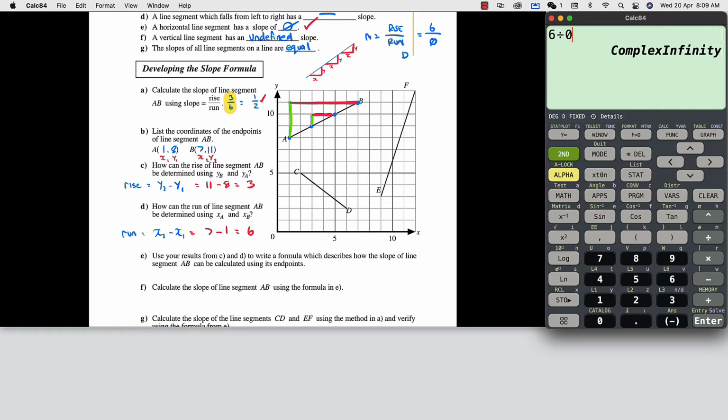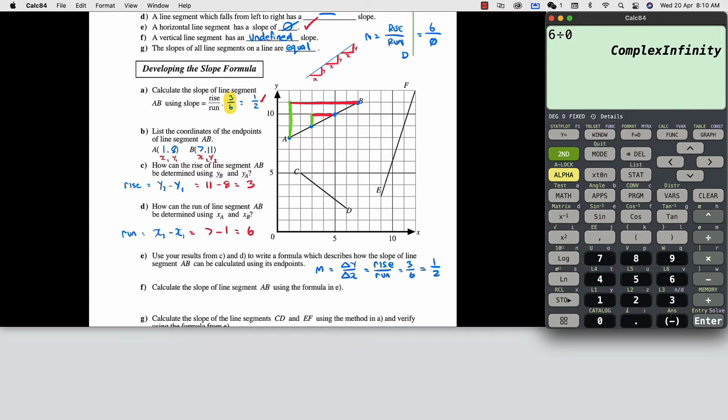Well, again, the slope would equal change in y over change in x, which equals the rise over the run, which equals 3 over 6, which would reduce down to a positive 1 over 2.